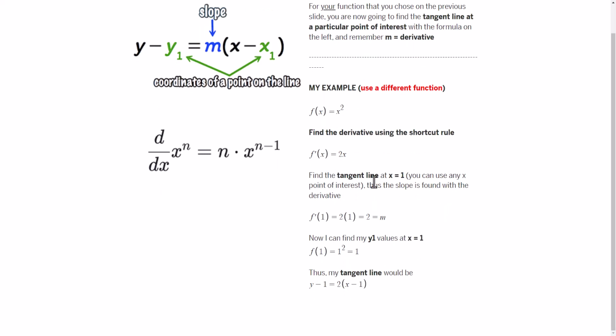You can pick x equals 1 as well, or any other number, because you have a different function. If I plug 1 into the derivative, remember, this gives me the slope of the tangent line that I can now plug in here for my x equals 1. Well, how do I get this value, y1? Remember, that's when you plug the x value into the original function.